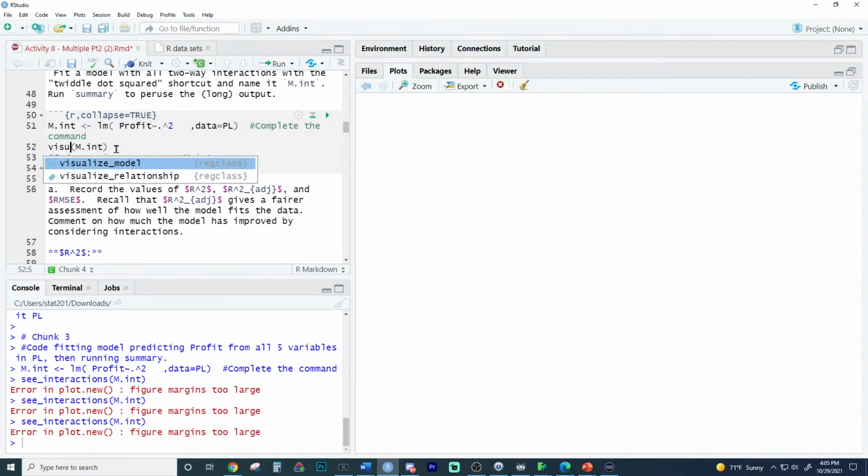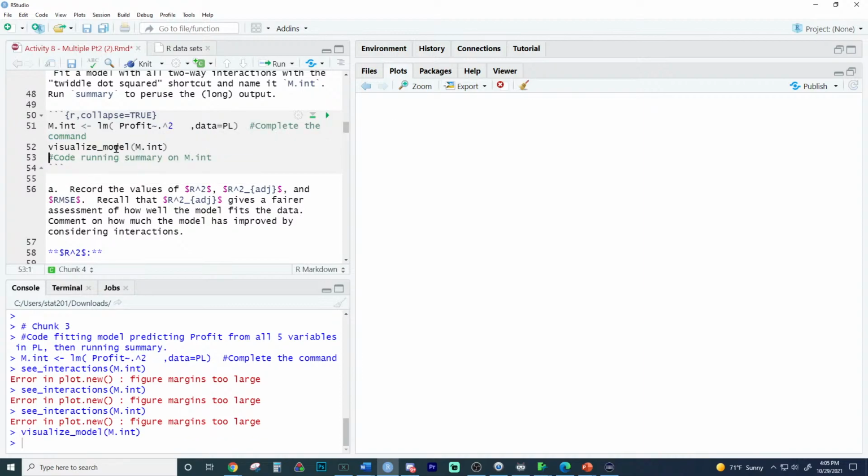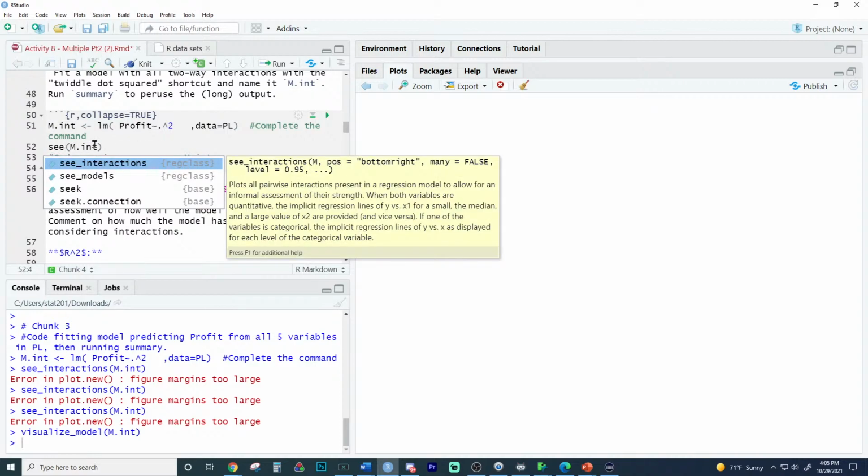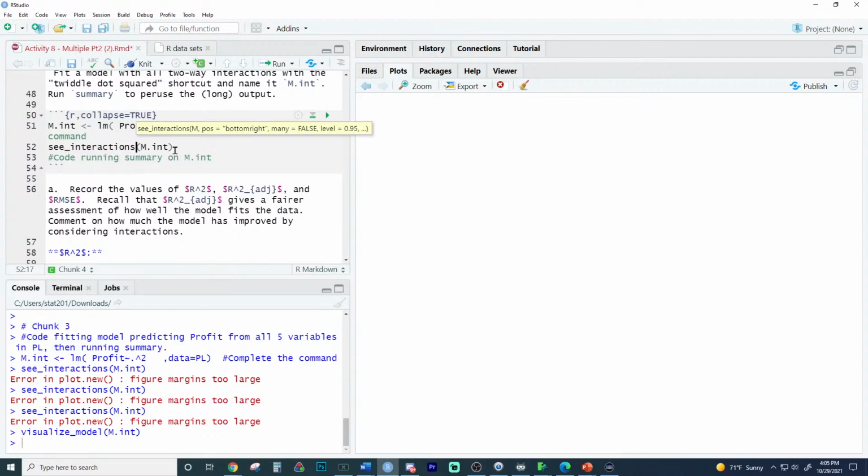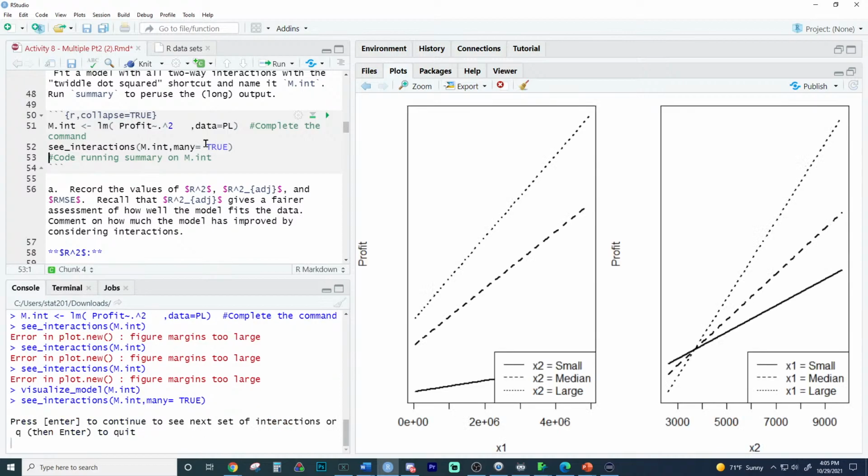Will the visualizer do it? Something is just going crazy today. C interactions, many equals true. I think we need the many equals true. There we go. For this code, you have to hit enter.